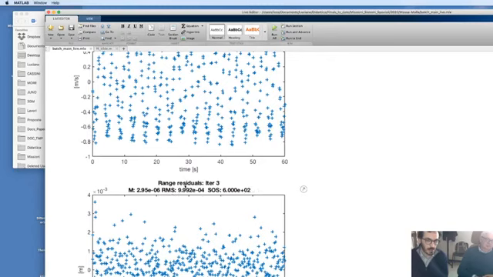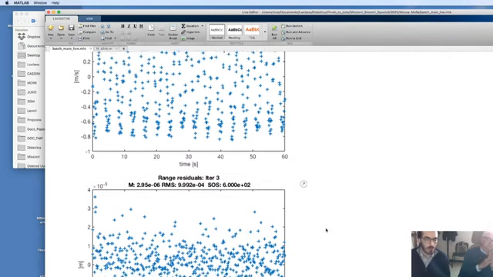The RMS of the residuals, remember, should be equal to the standard deviation of the noise of the data point. I recall you that the noise on the range was 1 times 10 to the minus 3, so this is almost the same number. And the sum of squares is 600, which is exactly the number of observations that we had, because we had 1 observation per second for 100 seconds.